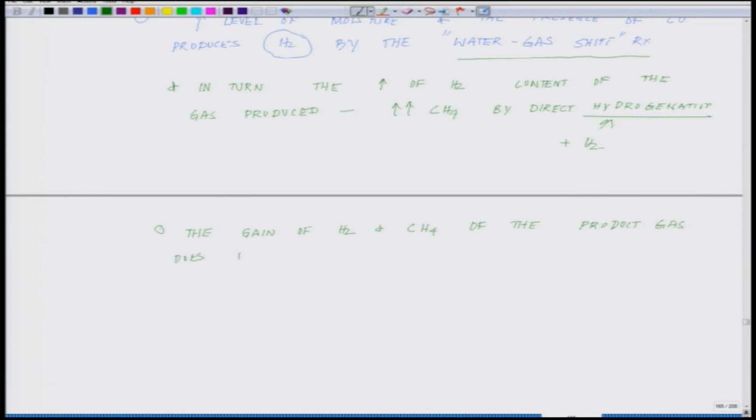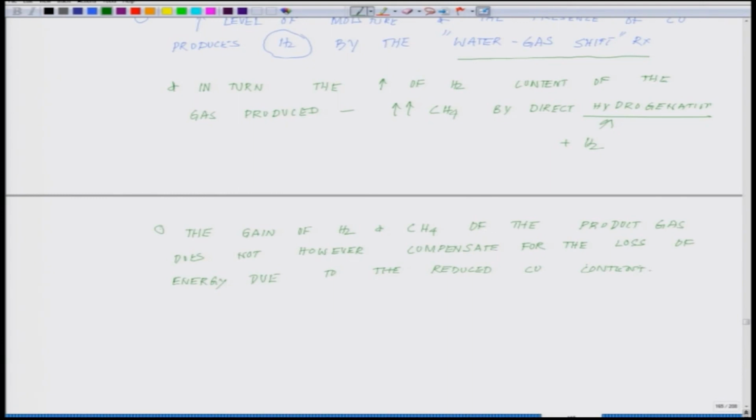does not, however, just remember this, does not however compensate for the loss of energy due to the reduced level of CO, reduced CO content.